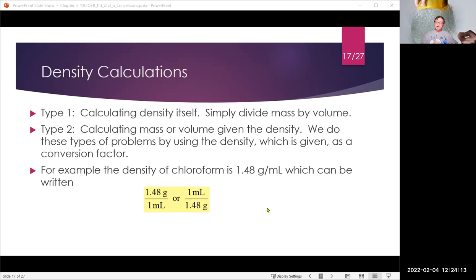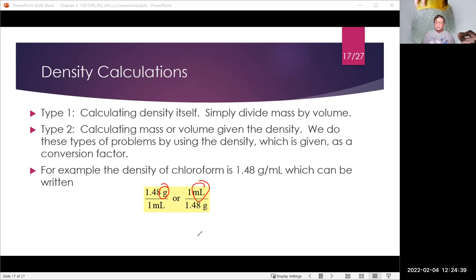Which one we utilize depends on the question and the units that we're searching for. If I'm looking at the end for units of grams, then I'm going to be using this one here because the conversion factor has grams in the numerator and the milliliter is going to cancel. If I'm looking for milliliters, obviously, this is the one I'm using.